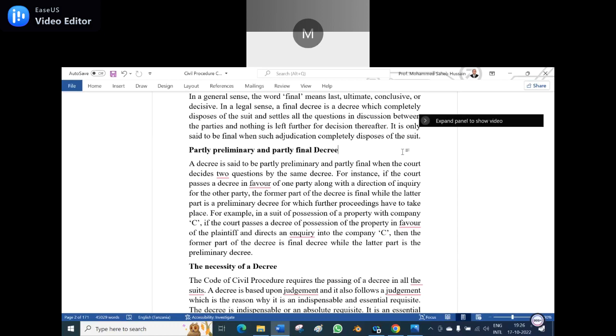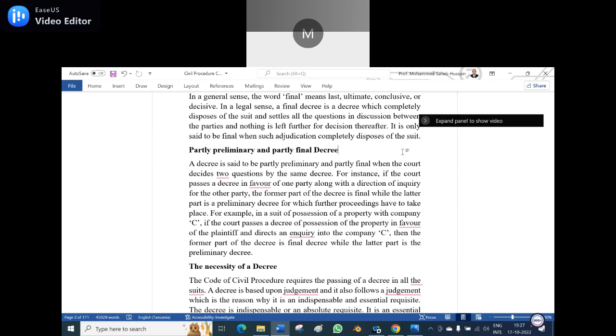For example, in a suit for possession of the property with the company C, if the court passes a decree of possession of the property in favor of the plaintiff and directs an inquiry into the company C, then the former part of the decree is a final decree, while the later part is a preliminary decree.